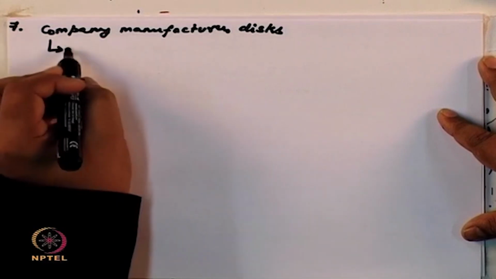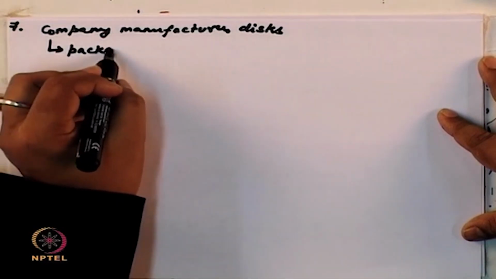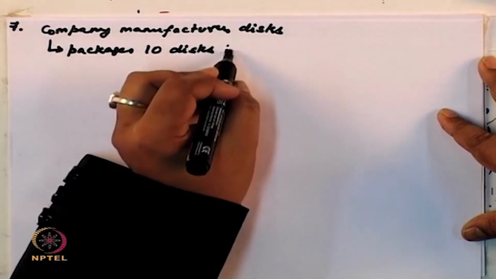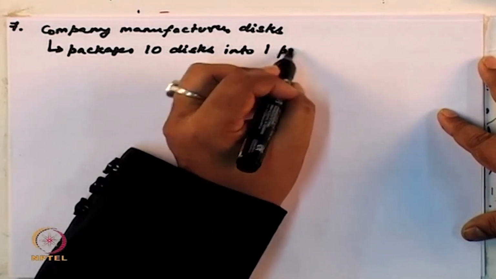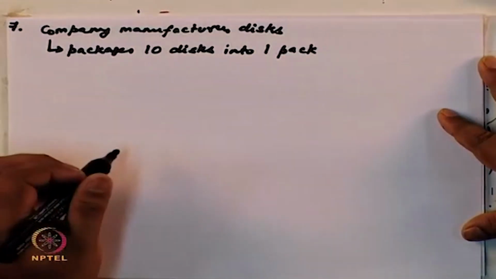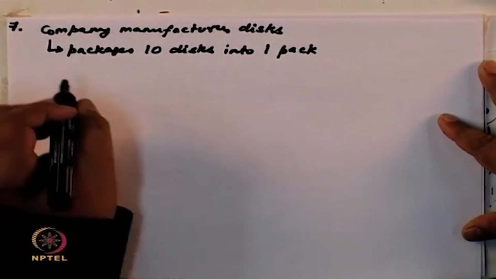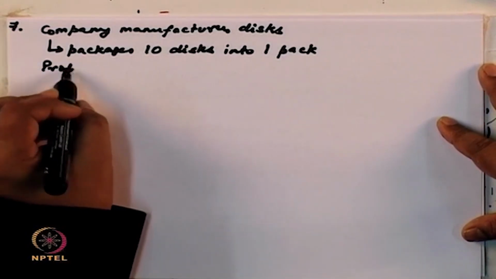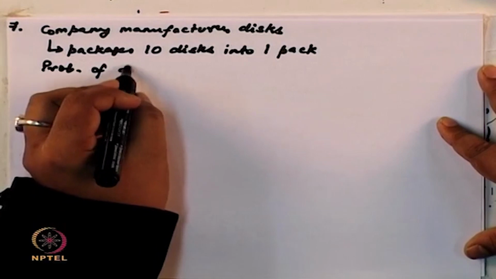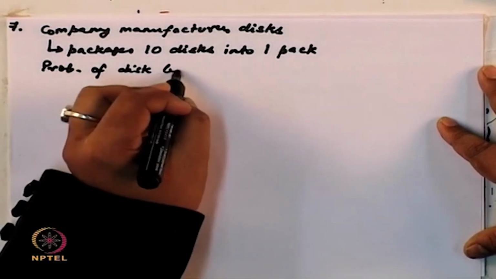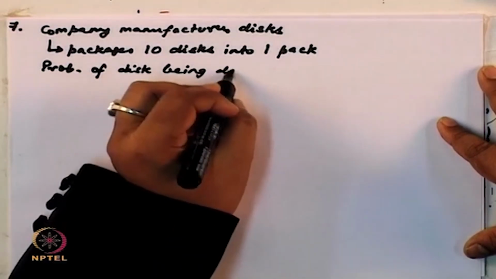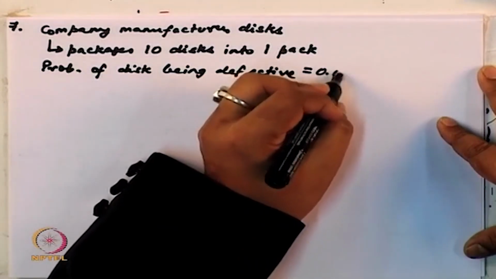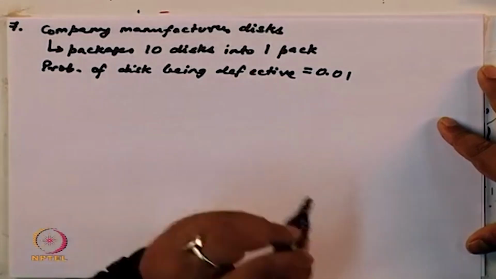It packages 10 discs into one package, one pack. So your probability of a disc being defective is equal to 0.01.